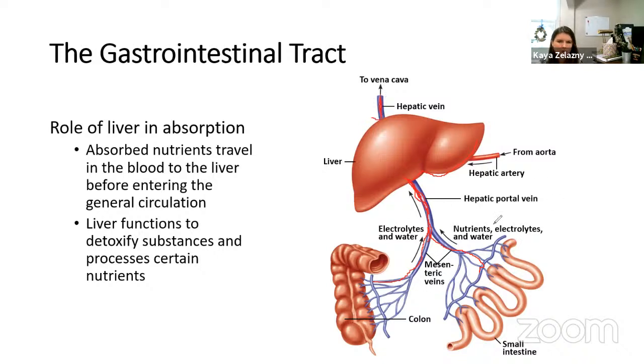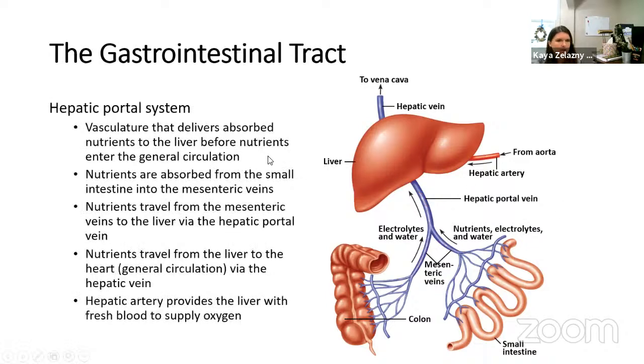So this is kind of a whole separate blood flow system from the rest of the systemic circulation. It has kind of a control point in the liver. So there is specialized vasculature for this.